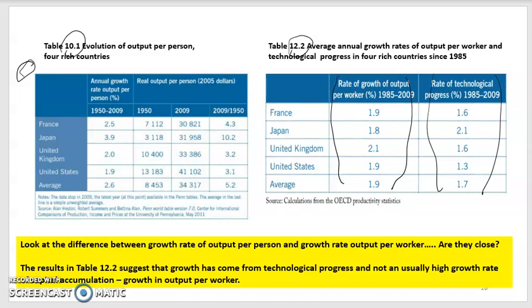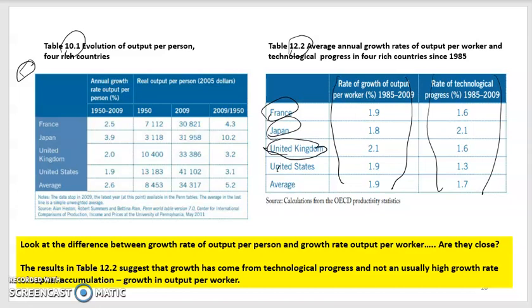The second conclusion is that convergence of output per worker between the United States and the other three countries comes from high technological progress rather than from faster capital accumulation. For instance, France, Japan, and the United Kingdom all started behind the United States in 1985.